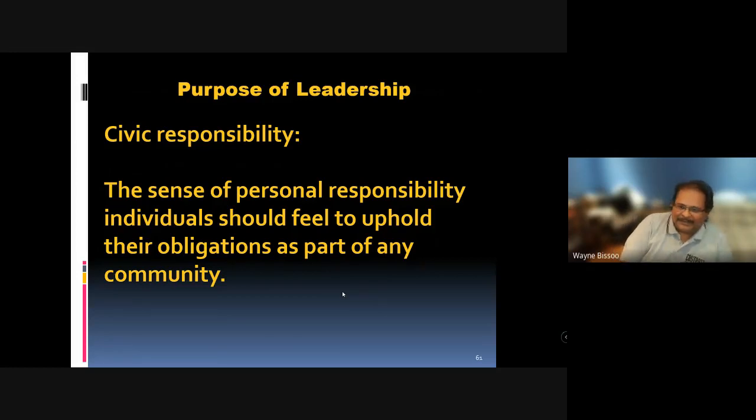Civic responsibility is the sense of personal responsibility individuals should feel to uphold their obligation as part of any community. In our country, we have diminished civic responsibility. We don't see our actions as being pertinent.